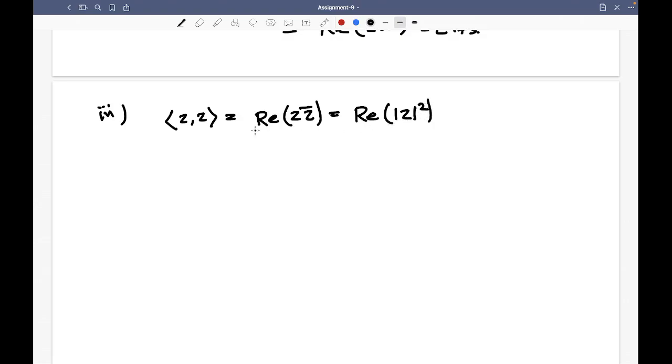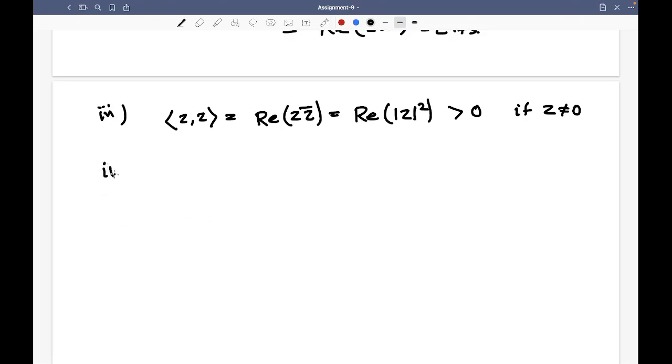If Z is non-zero, then mod Z is strictly positive, so mod Z square is always positive. So condition 3 is also true.